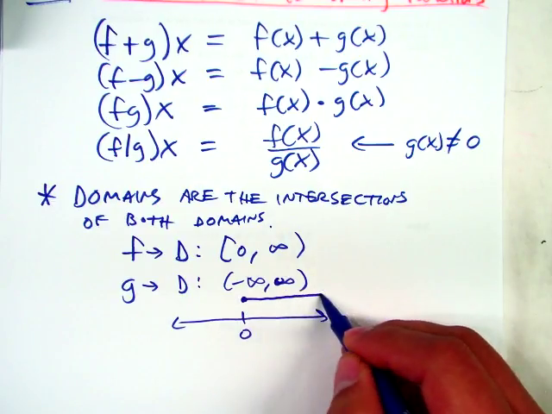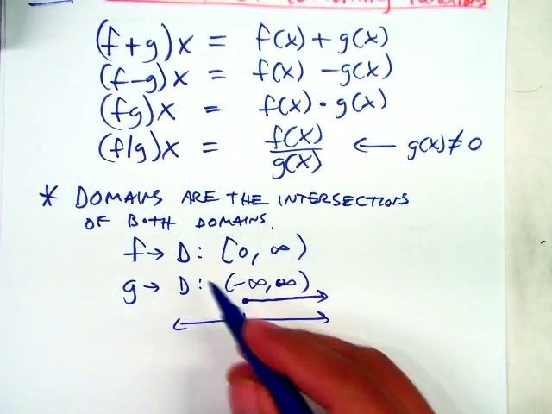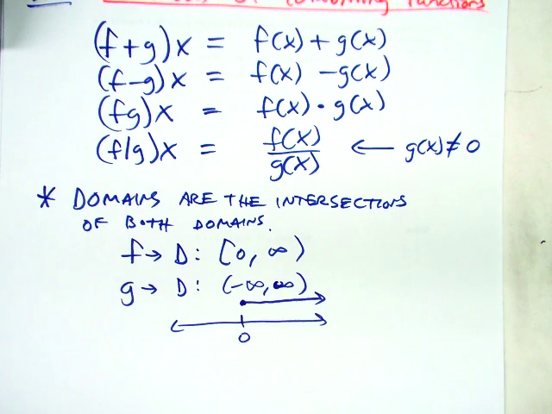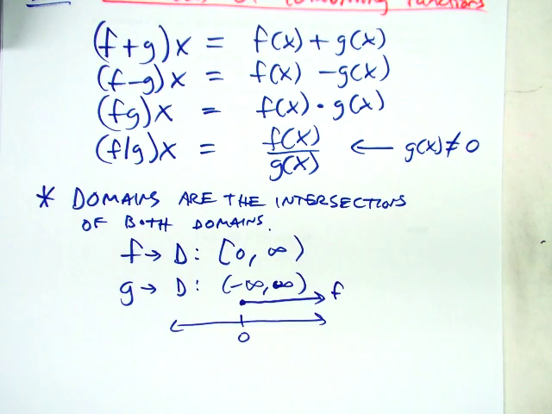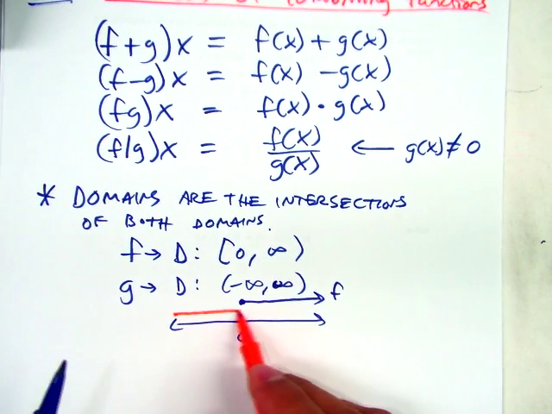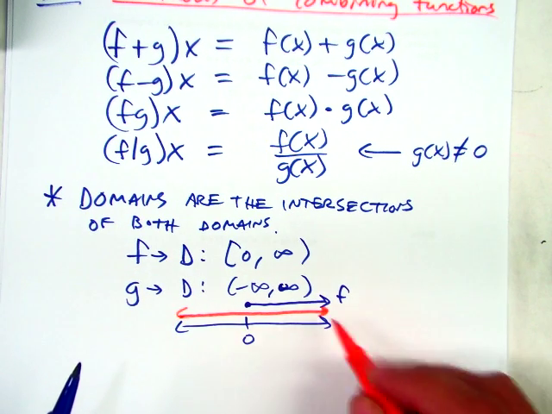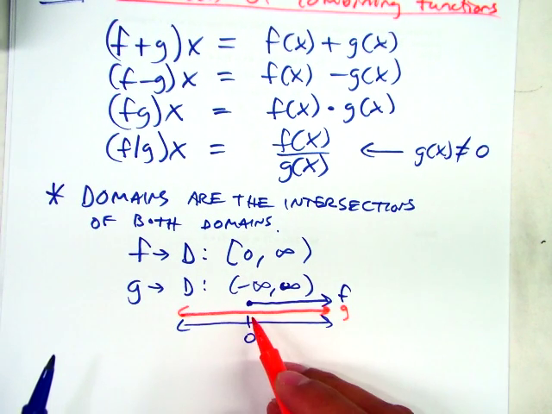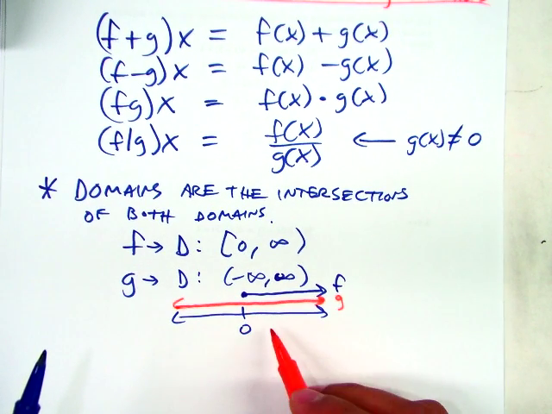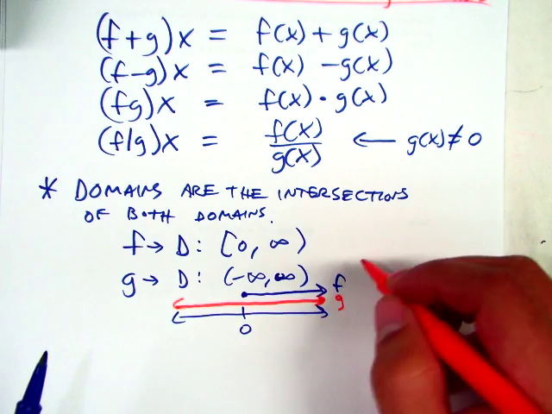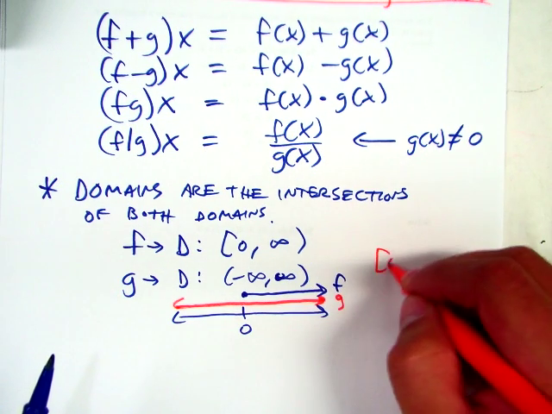Closed looks like that for f. And then for g, if it's the entire number line, then it looks like that. So where's the intersection? Where do they overlap? 0 to infinity. So that's what I mean by the intersections of both domains.